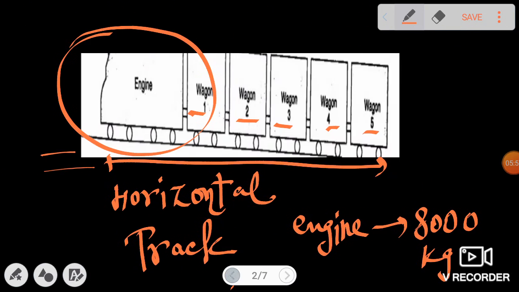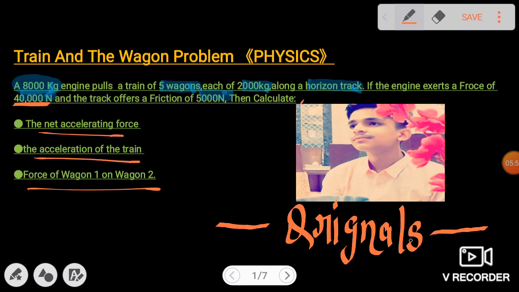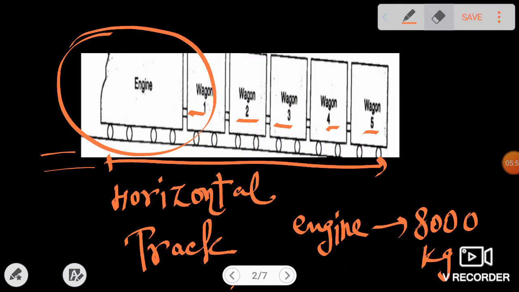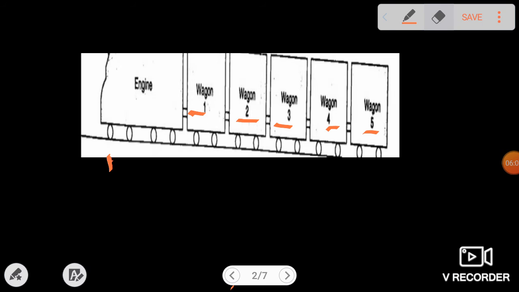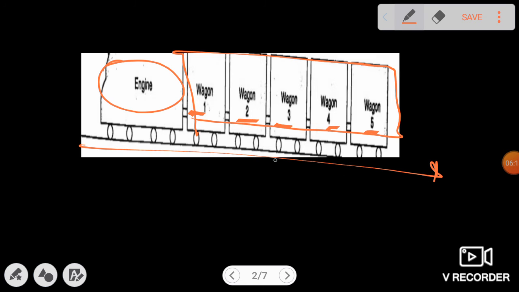And we can see here that in the question we have to find the force of wagon 1 on wagon 2. The question was pretty simple. We have seen there are 5 wagons and one engine moving on a horizontal track.